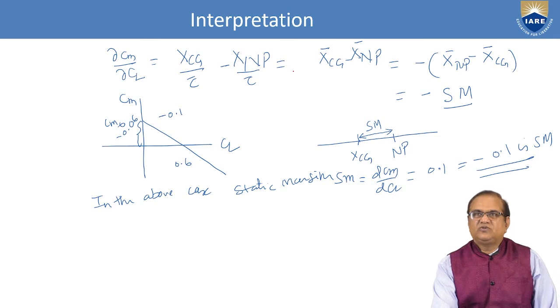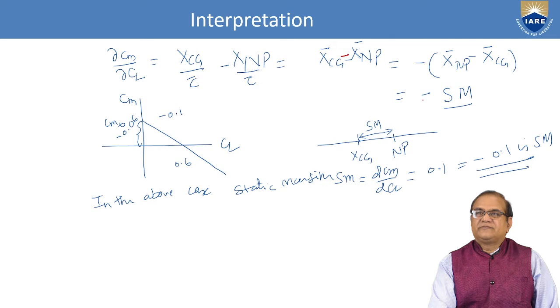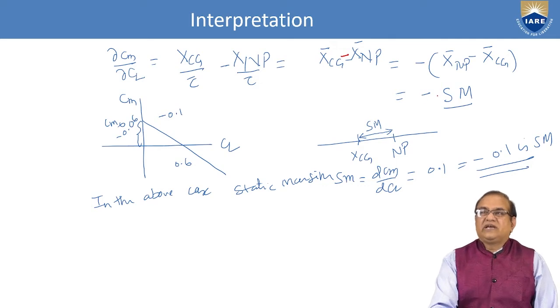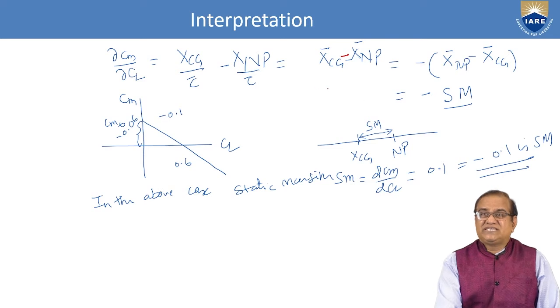So this is equal to X bar CG minus X bar NP. We can take the minus out, so it becomes minus of XNP minus XCG. This XNP minus XCG is called the static margin, and it is given with a minus sign.